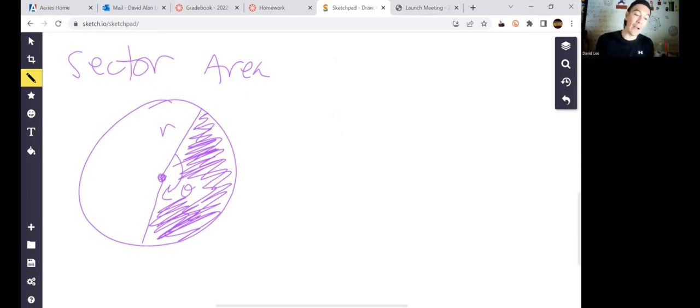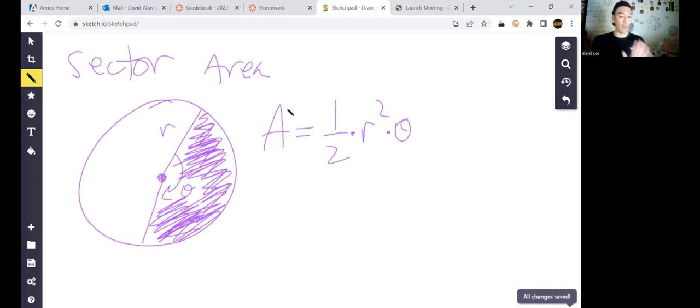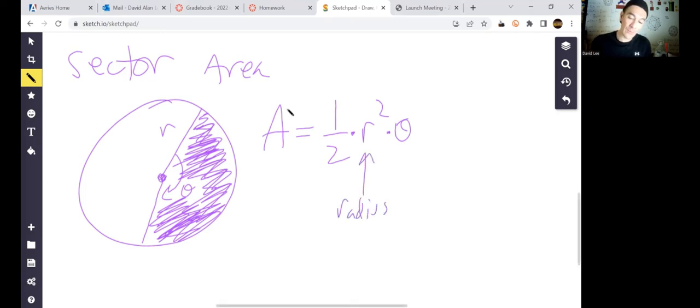So to find the area, here's the formula that we use. Area equals 1/2 r squared theta. This is all multiplication: 1/2 times r squared times theta. The formula always has 1/2 as part of the deal. R is your radius, whatever length they describe for the radius.